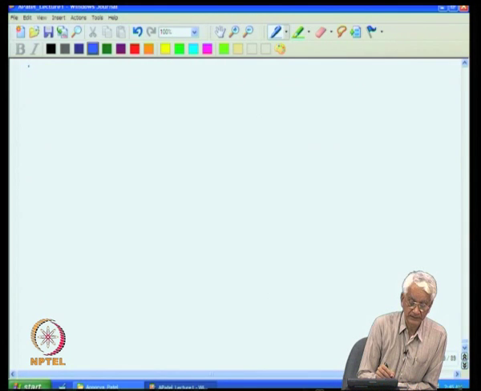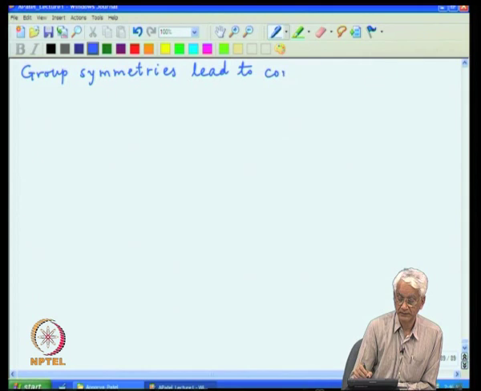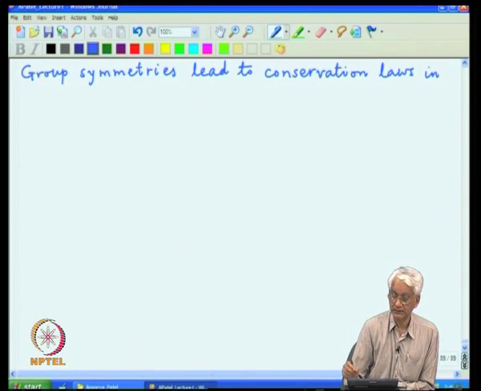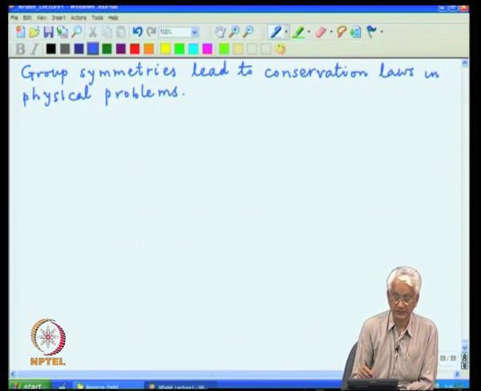So, these group symmetries lead to conservation laws in physical problems. This is a powerful consequence, and we will see many examples of it.